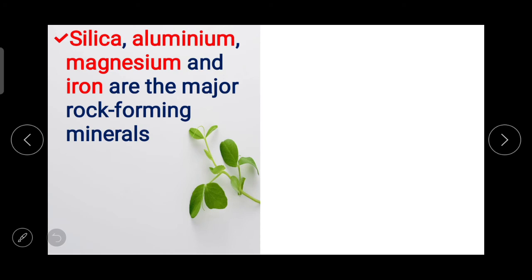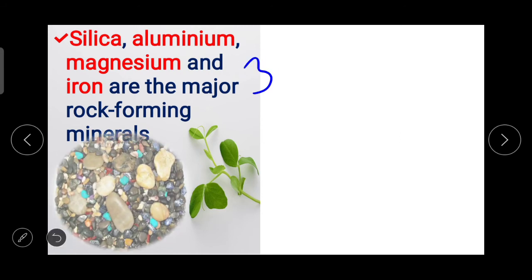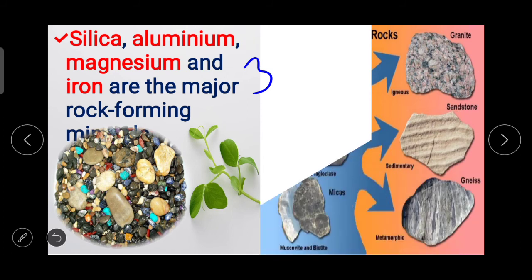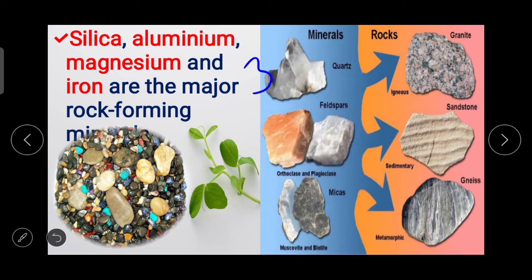Now next thing, silica, aluminium, magnesium and iron are the major rock forming minerals.